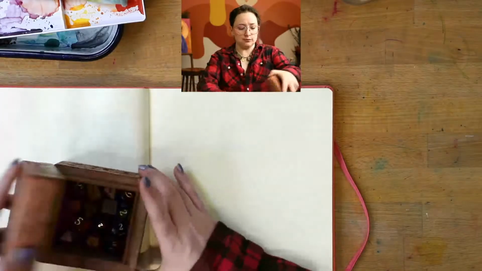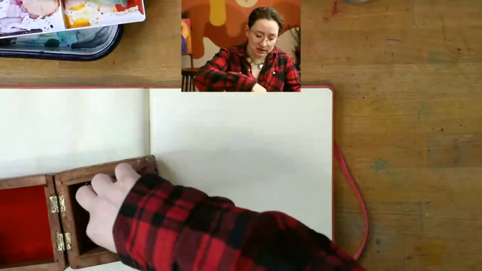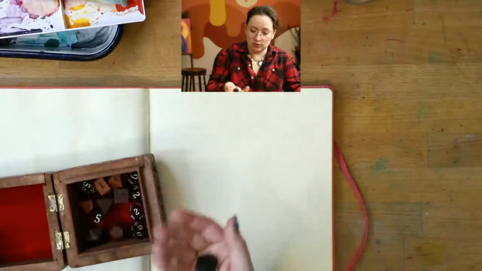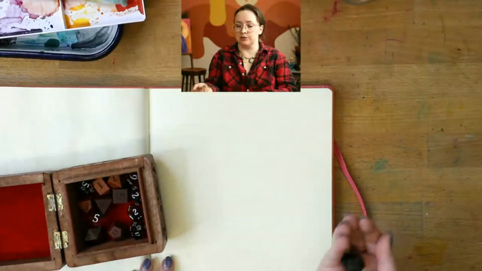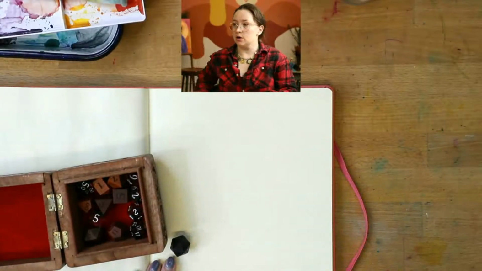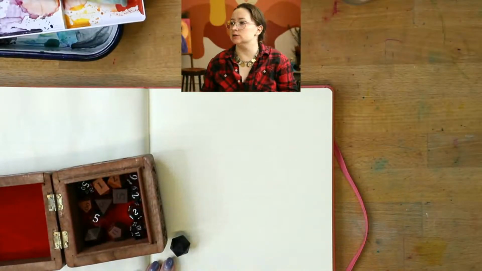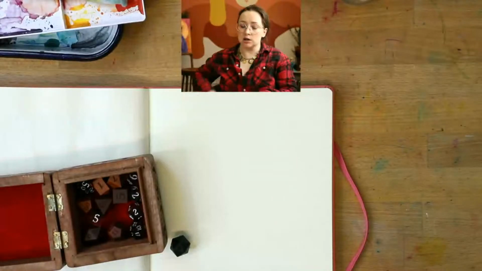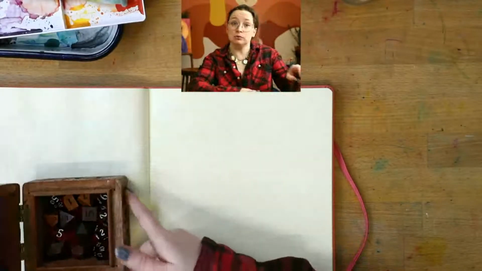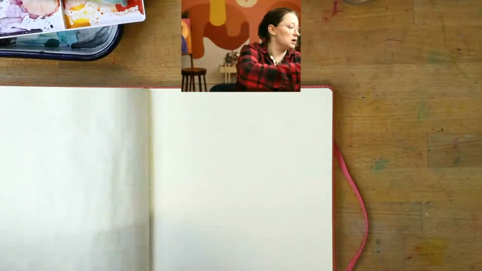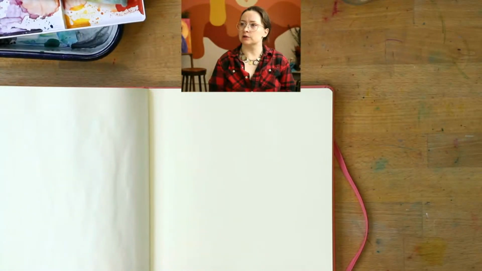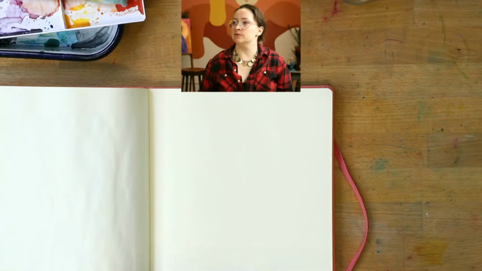But let's roll some dice and see what kind of rock we have in store for us today. What formation? 13. 13 is a rock cluster or a group. Okay, simple enough. So let's go ahead and make it happen. Just gonna pull up the old Pinterest for some visual inspo.